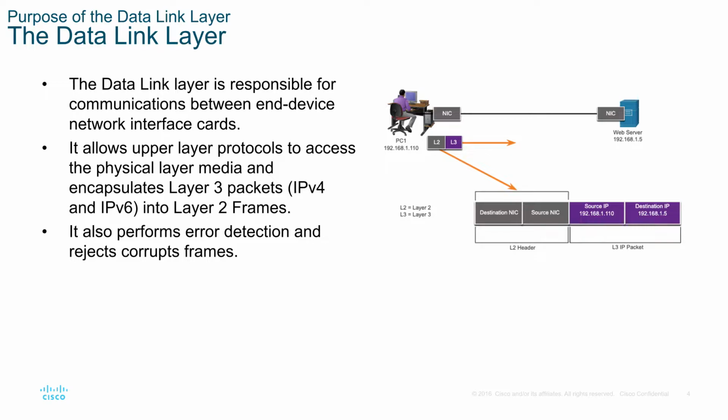It allows the upper layer protocols to access the physical layer media and encapsulates layer 3 packets, IPv4 and IPv6, into layer 2 frames. It also performs error detection and rejects corrupt frames. The data link layer is the junction between the actual physical hardware and the logical IP addressing.